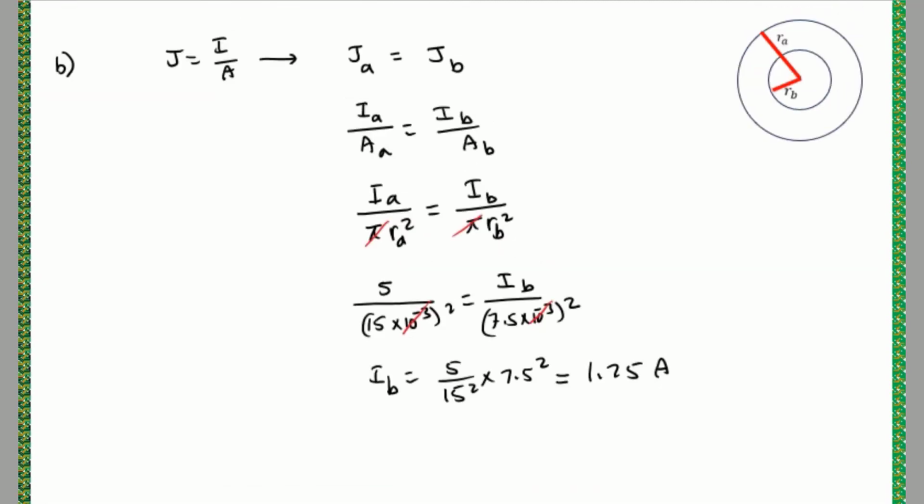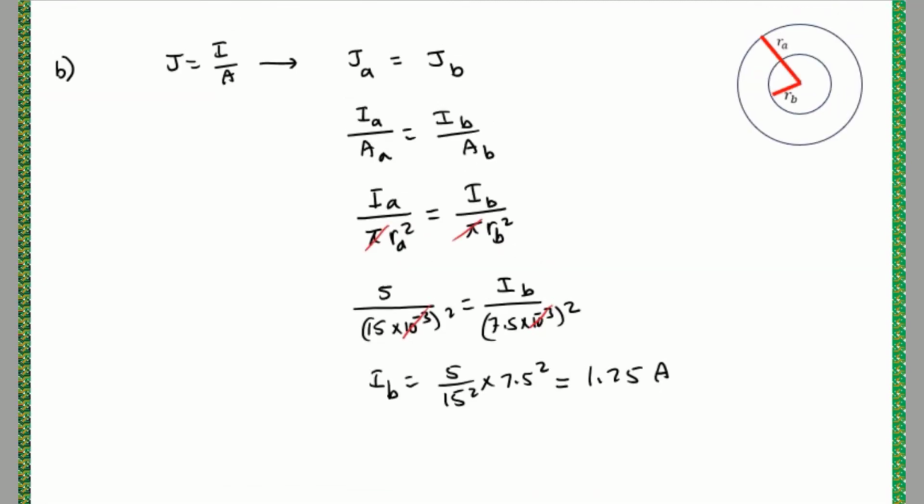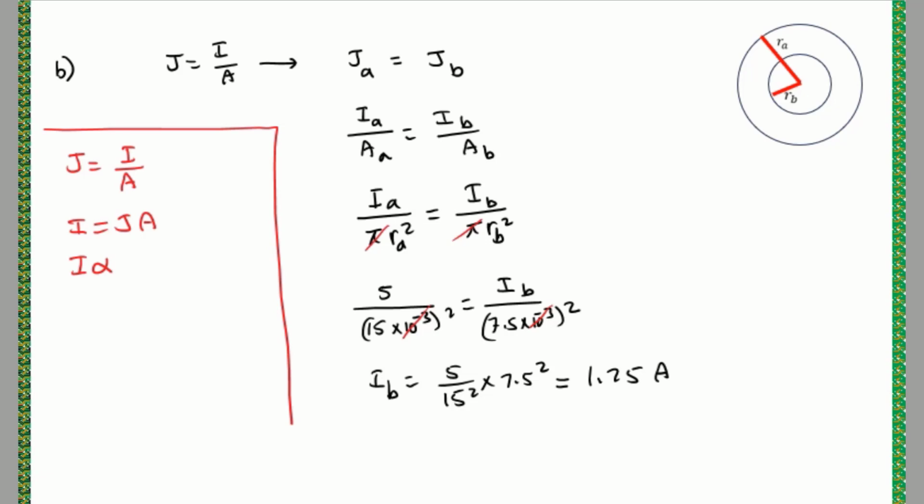You can solve it easily by this procedure here. Let's write it down here. J equals I over A. So I equals J times A. J is uniform, so I will be proportional to the area.